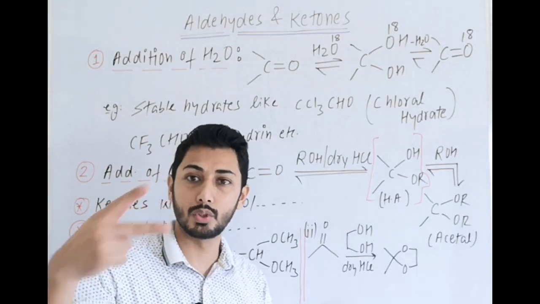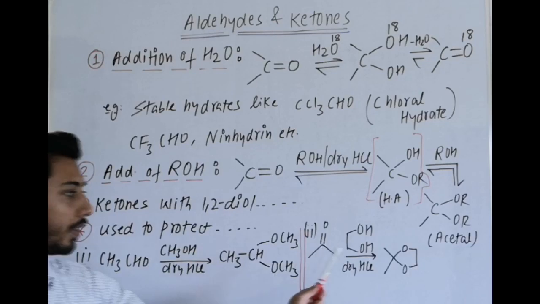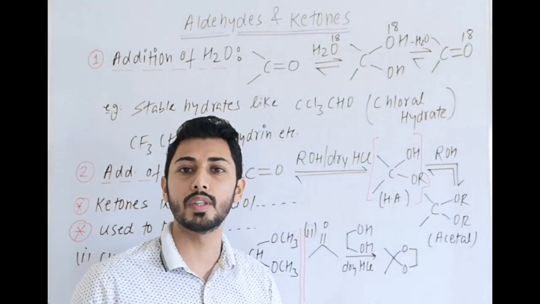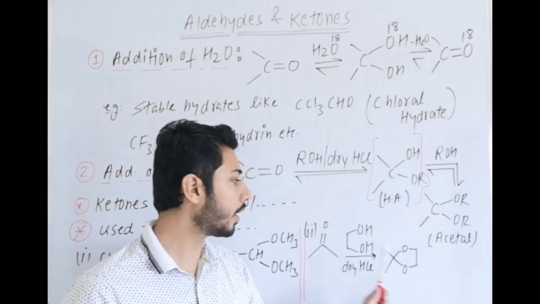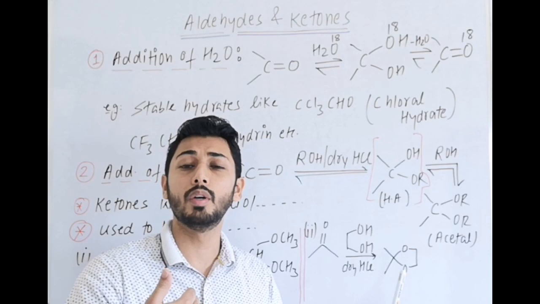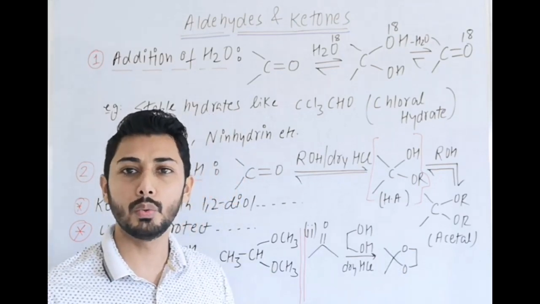Finally we get 2 O, just like here 2 O, but in this case both are in the same molecule, which is ethylene glycol. Here a cyclic structure is formed which is cyclic ketal. From ketones we get cyclic ketal when we treat them with 1,2-diol.